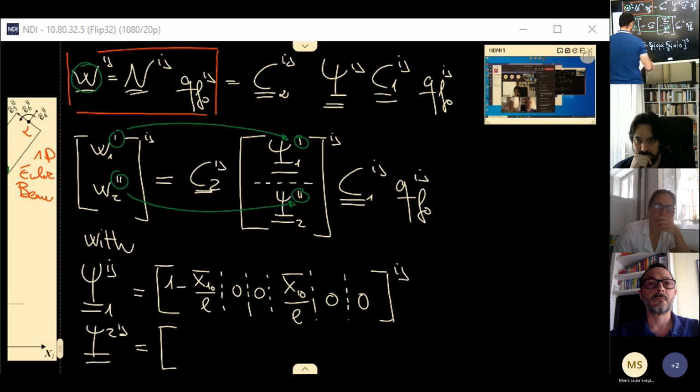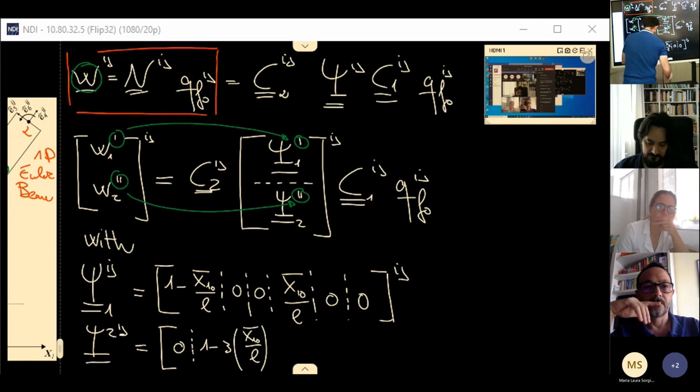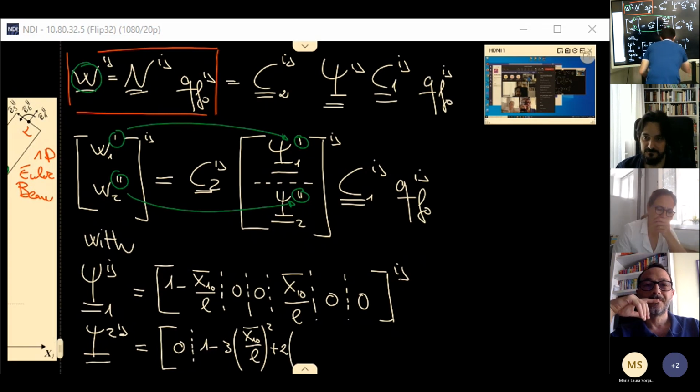Let's recall it here. So we have a 0, the very first element, 1 minus 3 x1 over L to the second, plus 2 x1 over L to the third, and this is the second element.